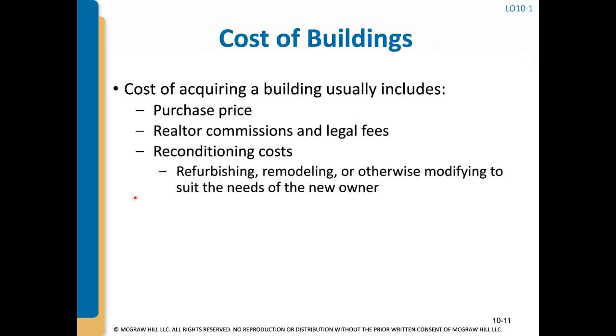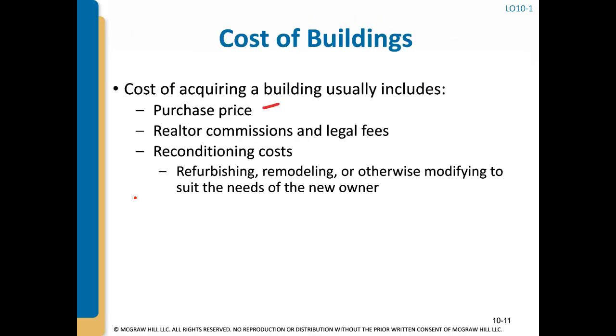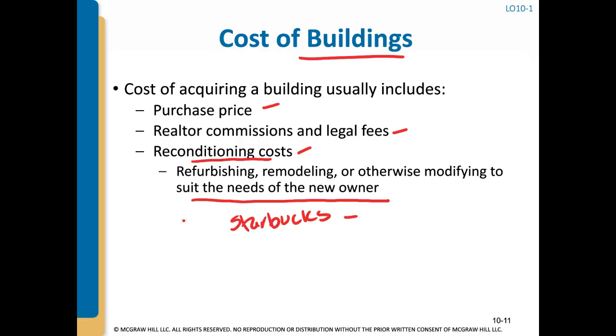Okay, cost of a building. The cost of a building is the purchase price, the realtor commissions and legal fees, and the reconditioning costs, which are refurbishing, remodeling, or any sort of cost that is incurred to modify the building to suit the needs of the new owners. So let's just say Starbucks buys a building and they have to rip out everything inside.